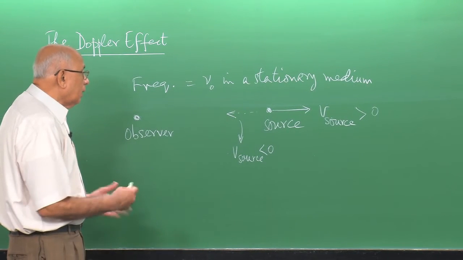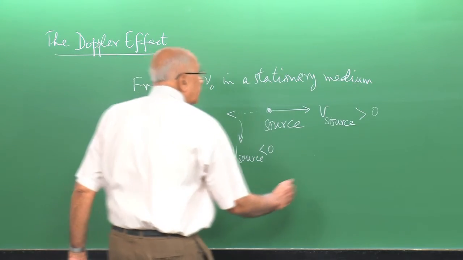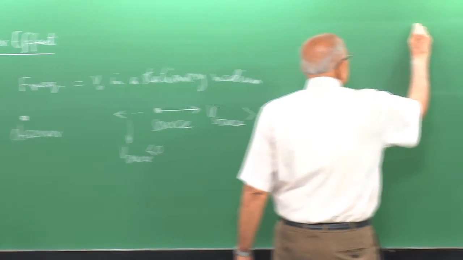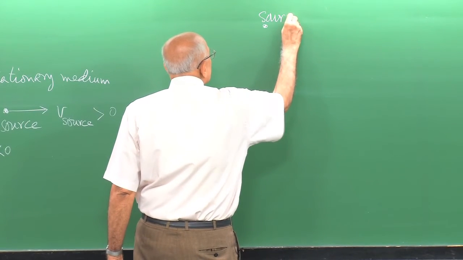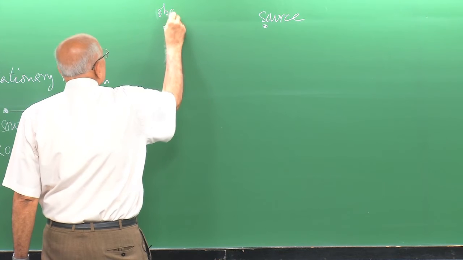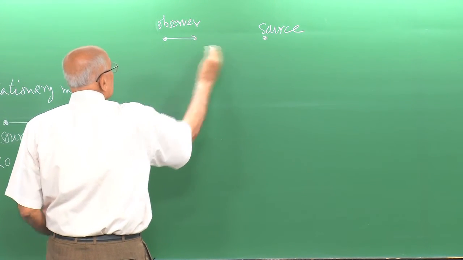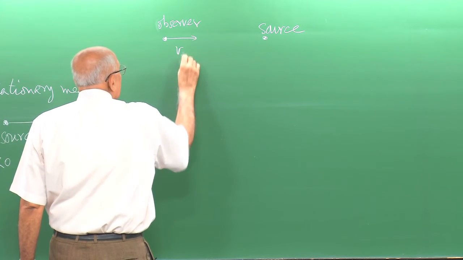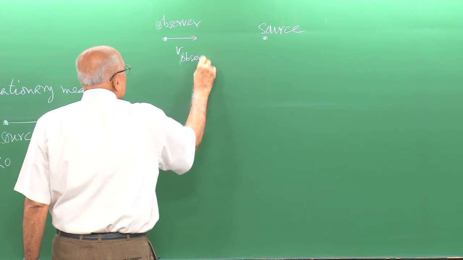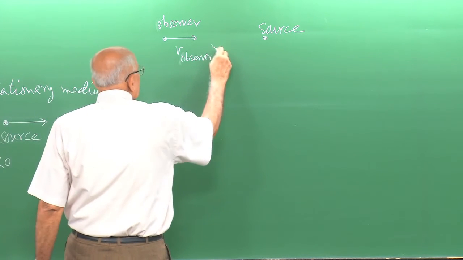Well, you could also have a situation in which the source is stationary, so let us write that down. Here is the source, and the observer either moves towards the source with a speed V observer with respect to the medium, and this would be a positive speed.